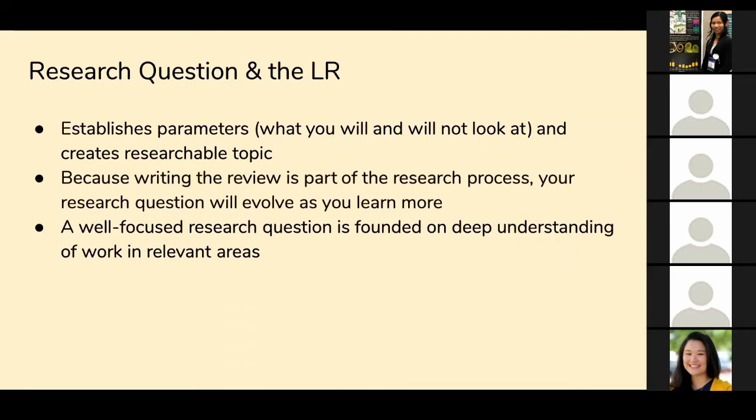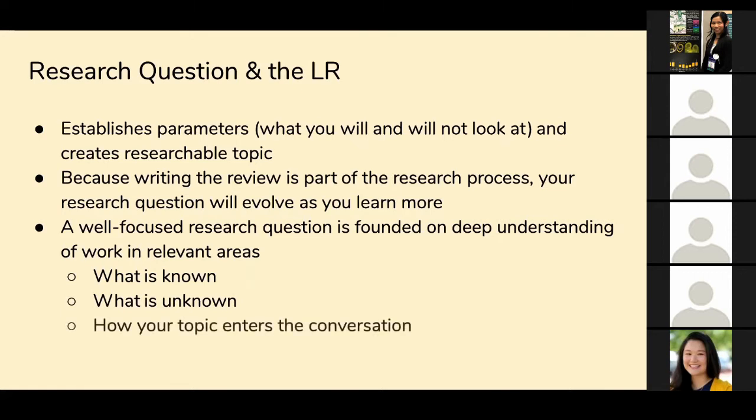A well-focused research question is founded on a deep understanding of work in relevant areas, which is why it may refine as you learn more about your topic. It's founded on understanding what's known about your topic and what's unknown, and how your topic enters the conversation that other researchers are having about your topic.